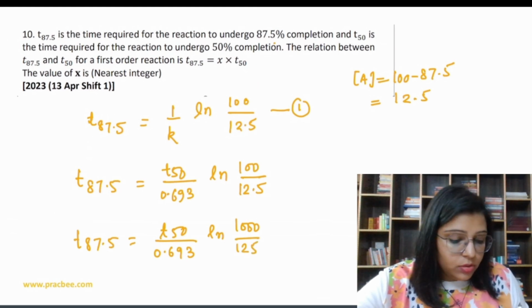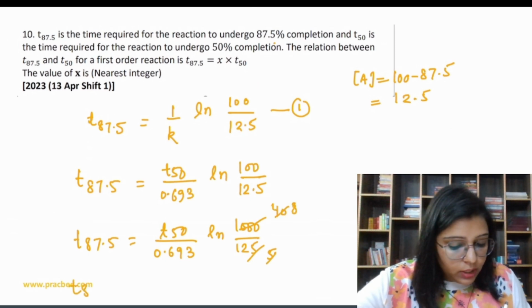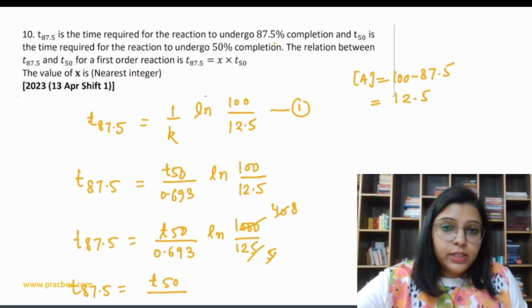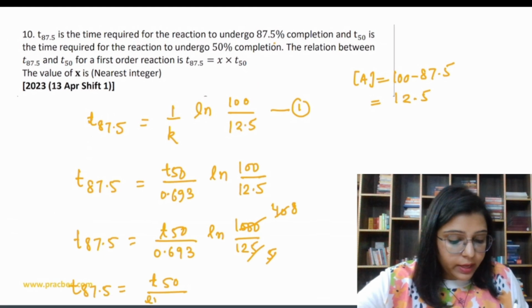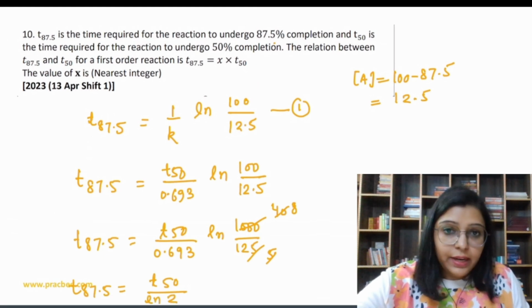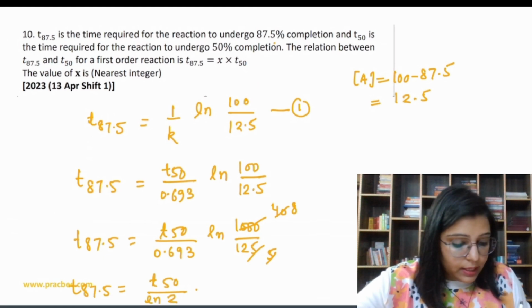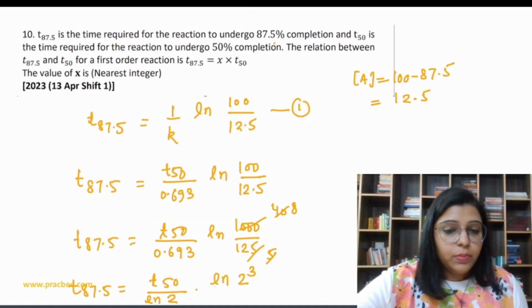So on solving this, 125 divided by 125, 1000 divided by 125 is 8. So T87.5 is equal to T50 upon 0.693, and I can write 0.693 as ln 2, and that is ln of 2 to the power 3, ln 2 to the power 3.